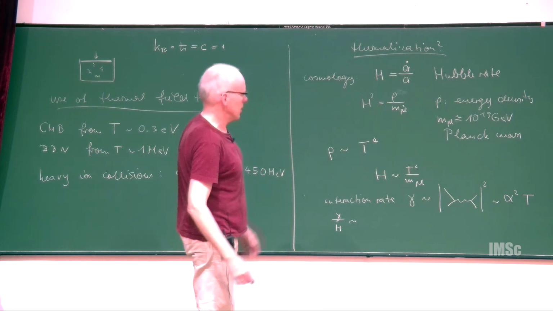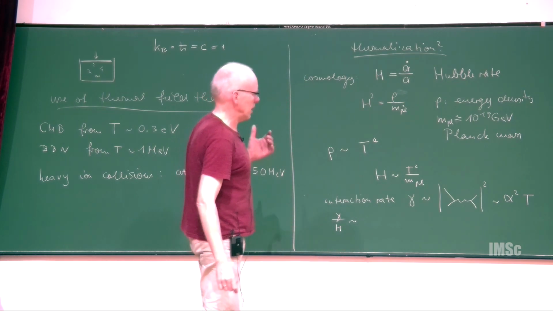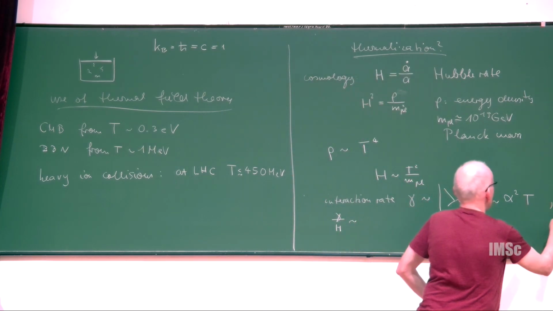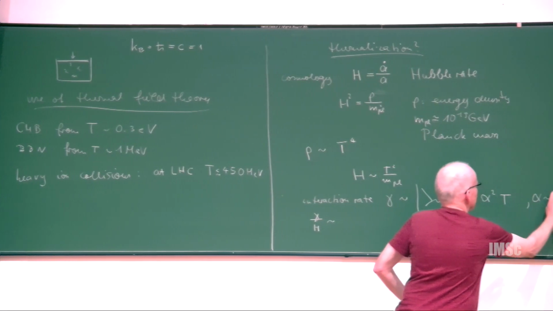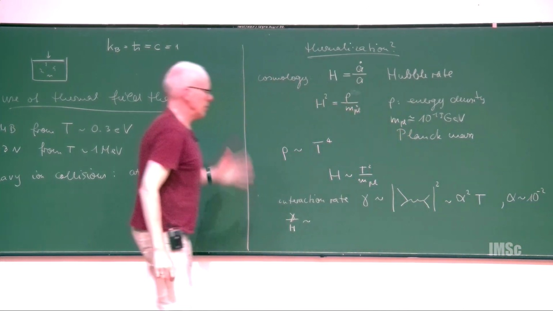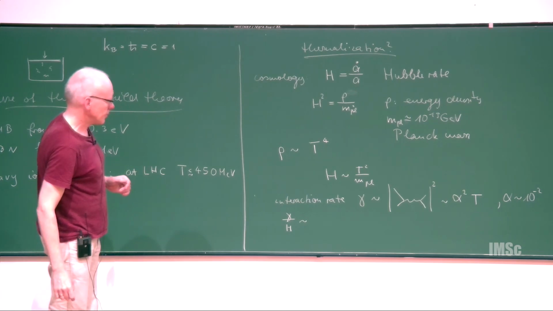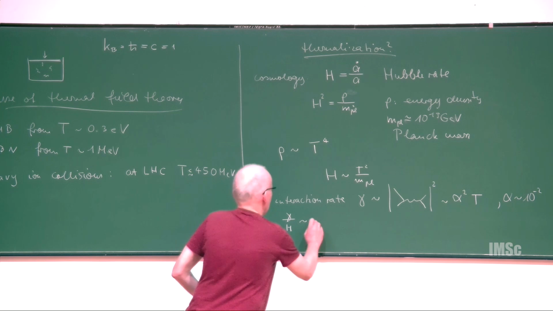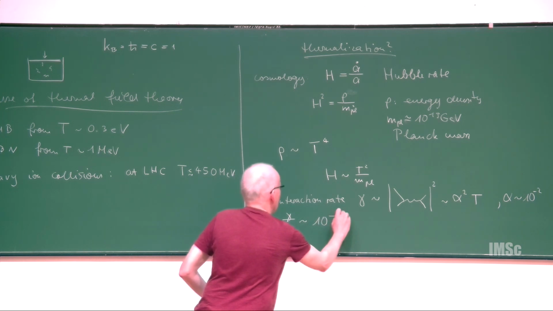And so the ratio of interaction rate over the Hubble rate is, well, now we need some value for the coupling. So it's just very rough estimates. Say, assume that alpha is of order 10 to the minus 2, for instance. It's a small number. Doesn't matter so much how small. Then alpha squared is 10 to the minus 4.